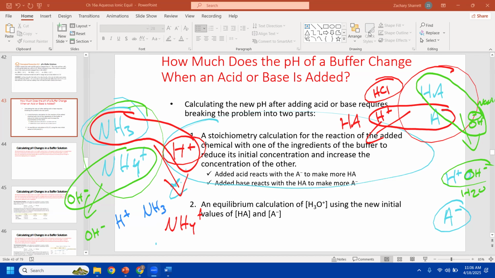And then this green OH minus is like, oh, you're a conjugate acid, I'm going to take your proton to make water. Does water change the pH of the system? It does not. So it's not all for nothing. It's not like it completely wipes it out. We still generate some increased NH3 when we pulled the H plus off of that, and now we make a little bit more of the weak base.